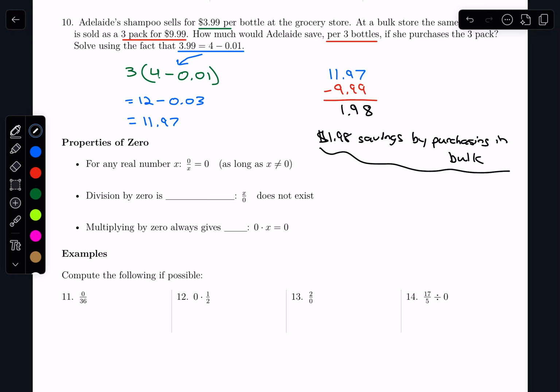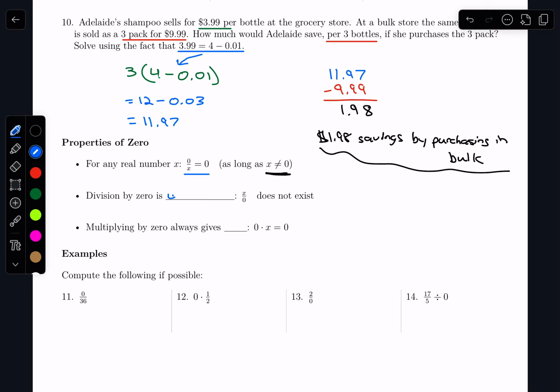So for any real number x other than 0, we have this fact that 0 over x equals 0. If you have 0 divided by anything, that is 0. Because if you try to take 0 things and split it into some number of groups, there's going to be 0 things in each group, as long as the number of groups is not 0.